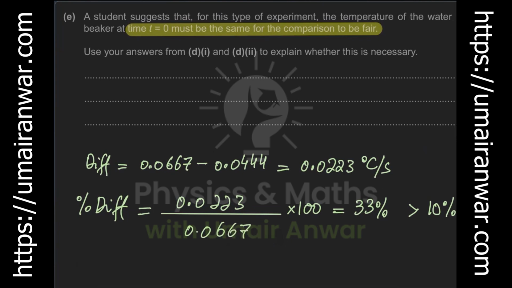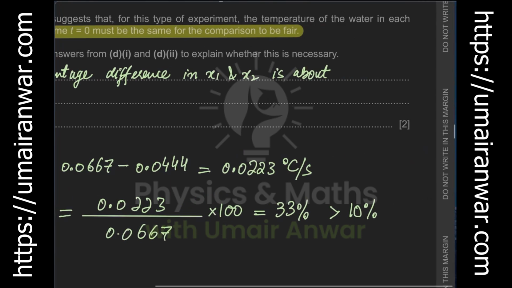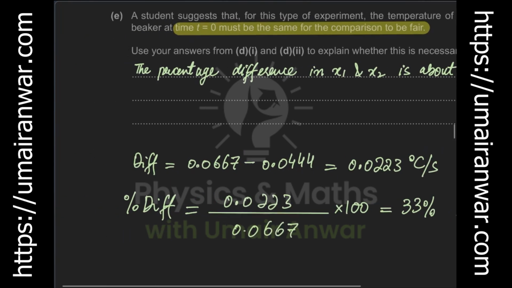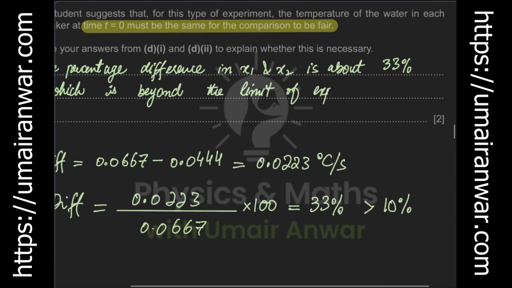So I'm writing an answer over here. The percentage difference in X1 and X2 is about 33%, which is beyond the limit of experimental accuracy.